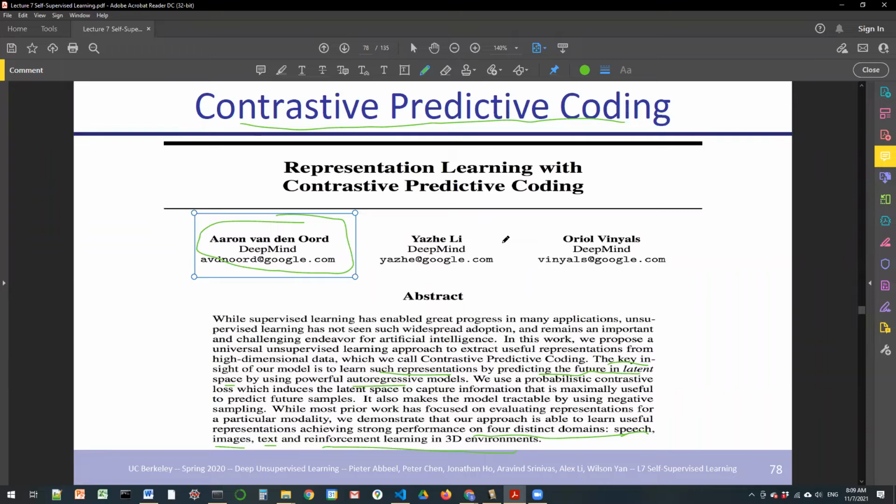So that's word2vec, and contrastive predictive coding takes that idea and applies it to a broad set of domains. That is the conceptual underlying principle behind contrastive predictive coding.